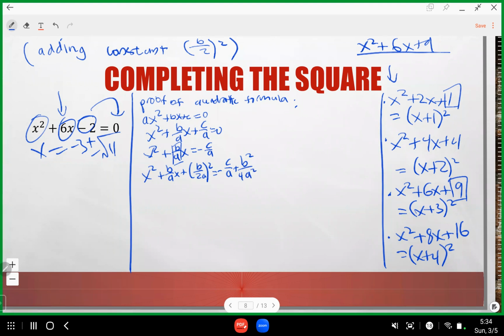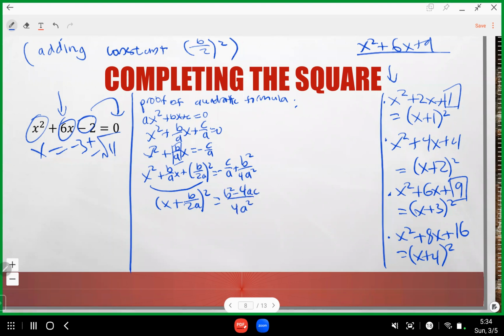After we've done that, we can factor the left side into a perfect square. This is going to be x plus b over 2a squared, like that. And then, while we're at it, let's simplify the other side. This is b squared minus 4ac over 4a squared, right?